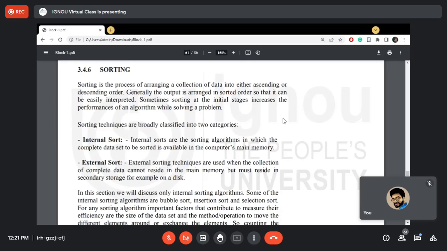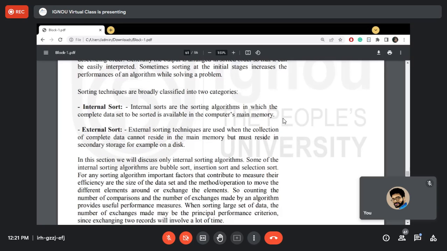So we have some sorting techniques that are classified into two categories. The first one is internal sort. That means a sorting algorithm in which the complete data set to be sorted is available internally, in the computer's main memory.